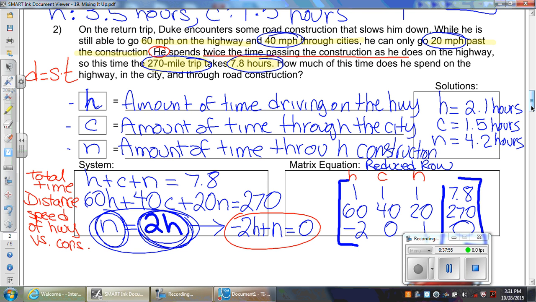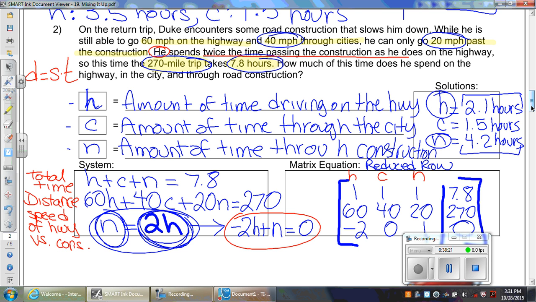Now, if we look at our final answer, we see that the amount he spent driving through the construction zone was 4.2 hours, and the amount of time that he spent driving on the highway was 2.1 hours. So it makes sense that the amount driving through construction is 2 times the amount of time driving through the highway. All right?